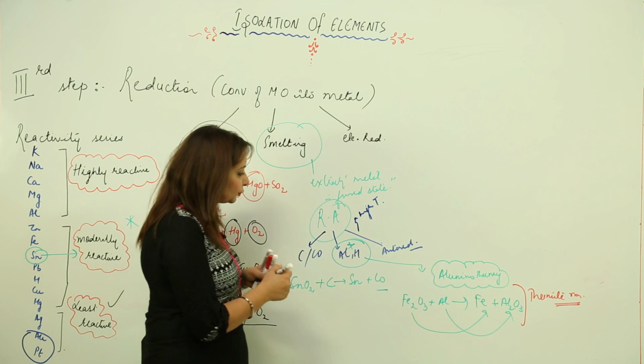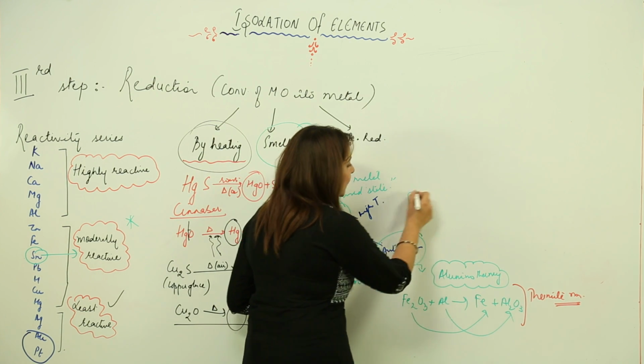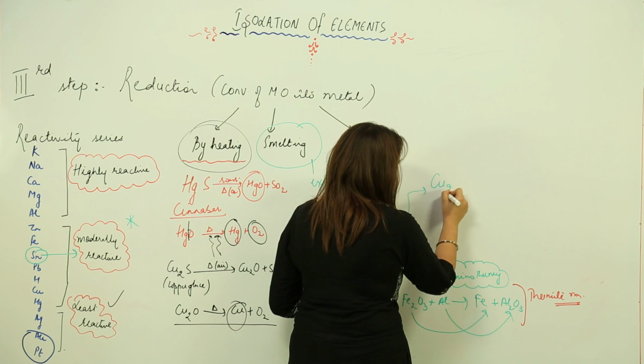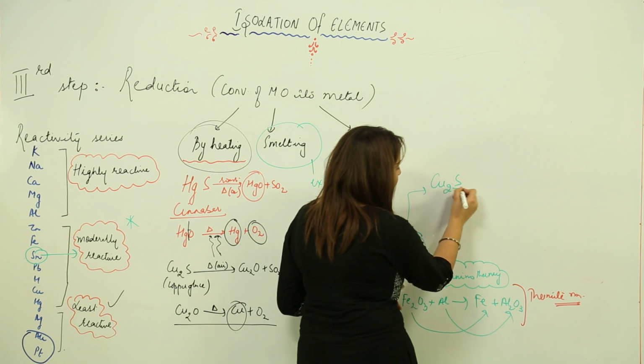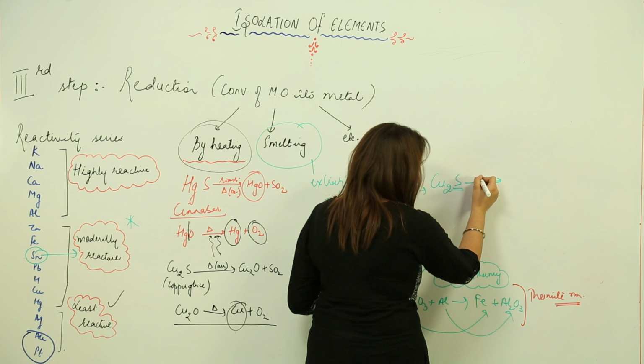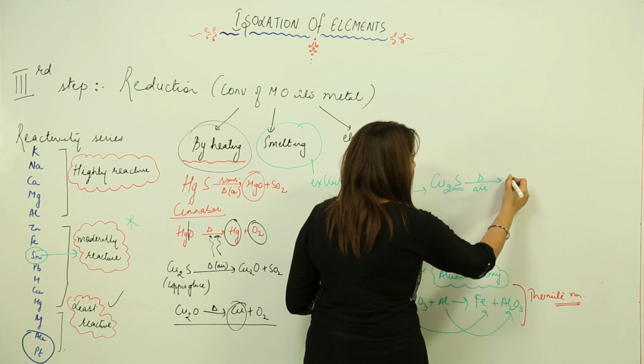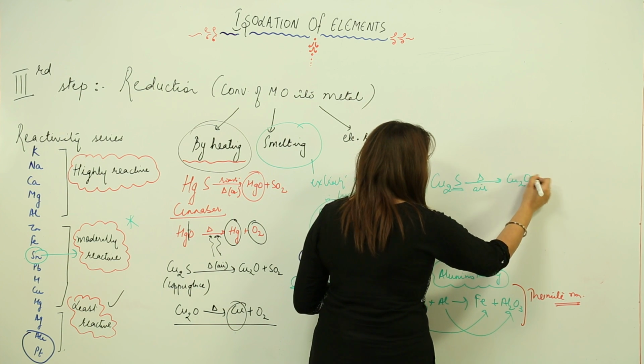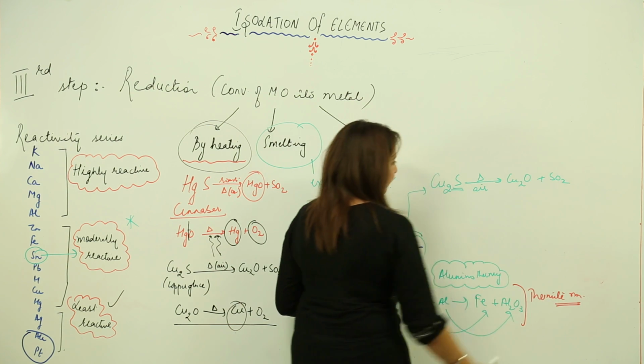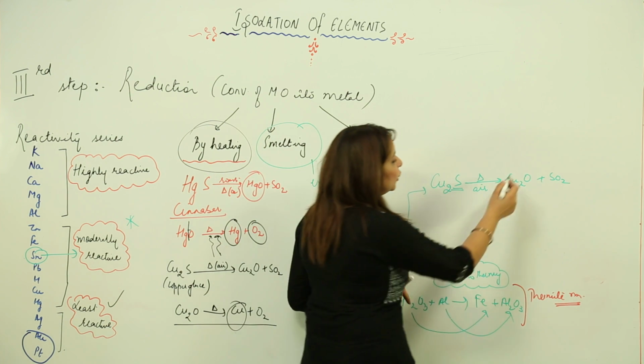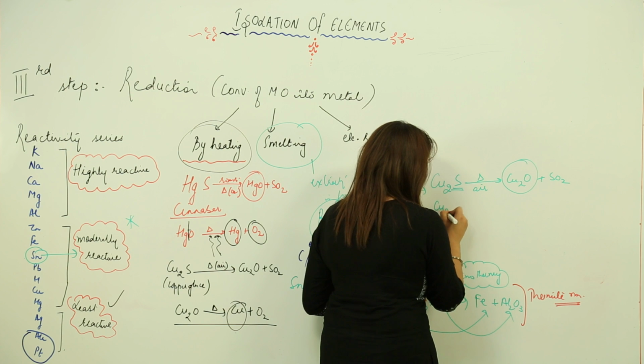Auto reduction. For example, I have a copper ore, let us say copper glance. It is a sulfide ore. So in the second step I will be roasting it, heating it in a supply of air. What do I get? I get this. So now I can reduce this copper oxide by two methods.